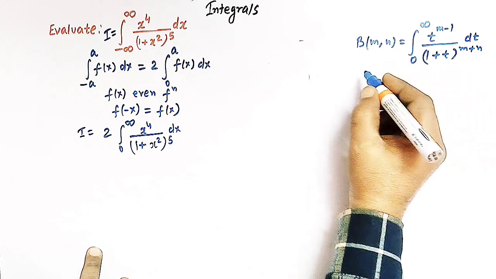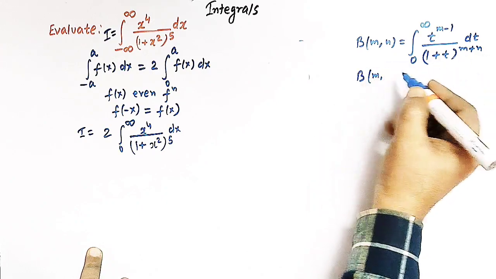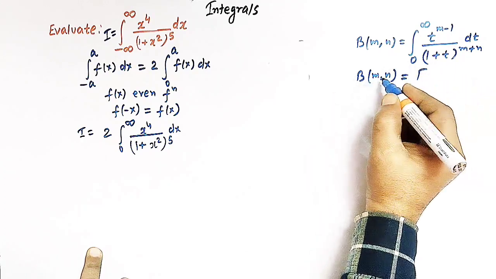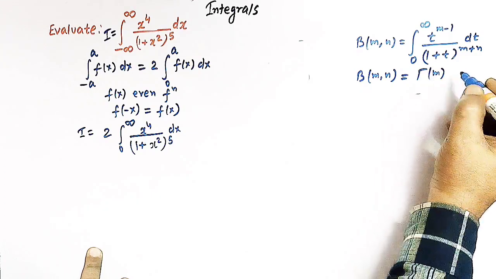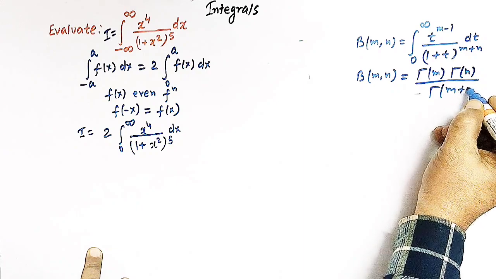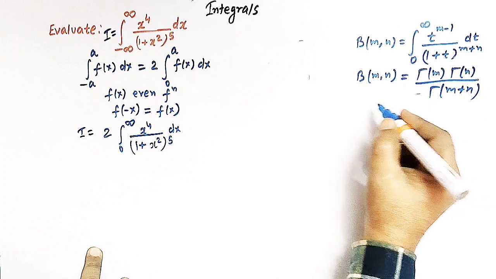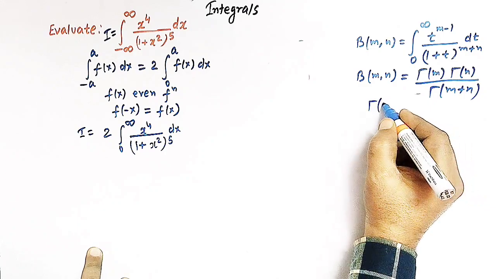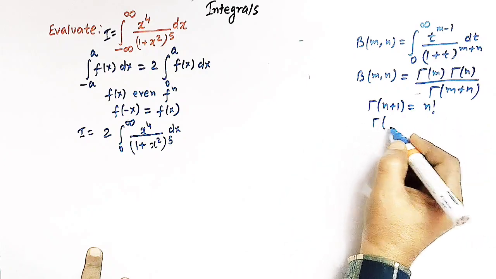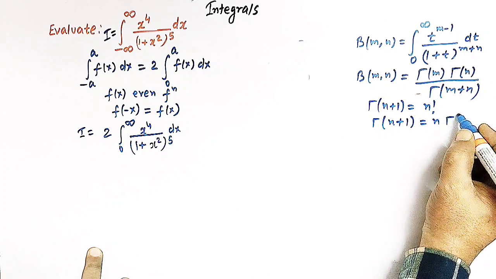Moreover, here we'll also utilize this important result which connects the beta function and the gamma function, that is beta m comma n is given by gamma m gamma n divided by gamma m plus n. We'll also make use of this result, that gamma n plus 1 is equal to n factorial, and gamma n plus 1 is equal to n gamma n.